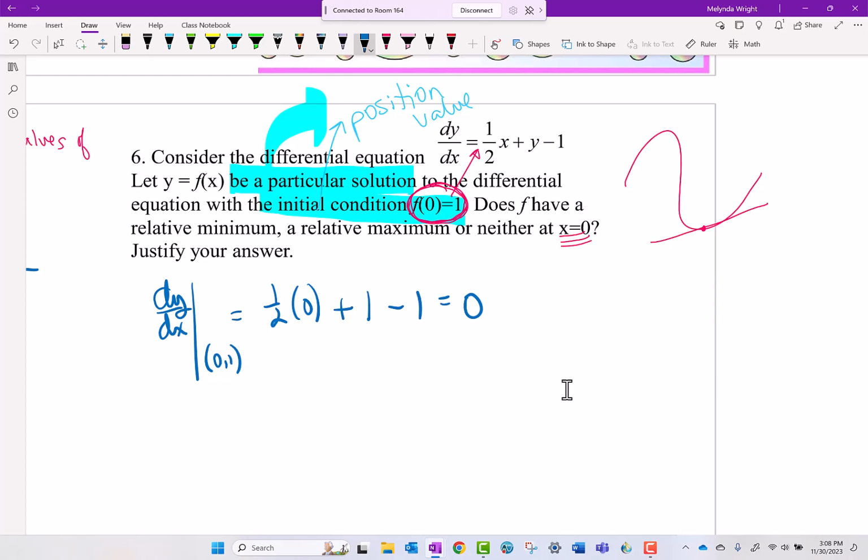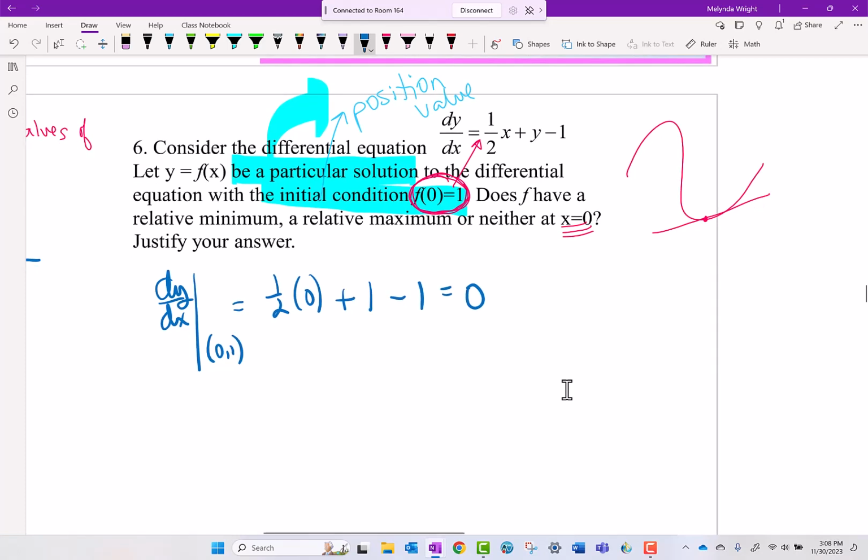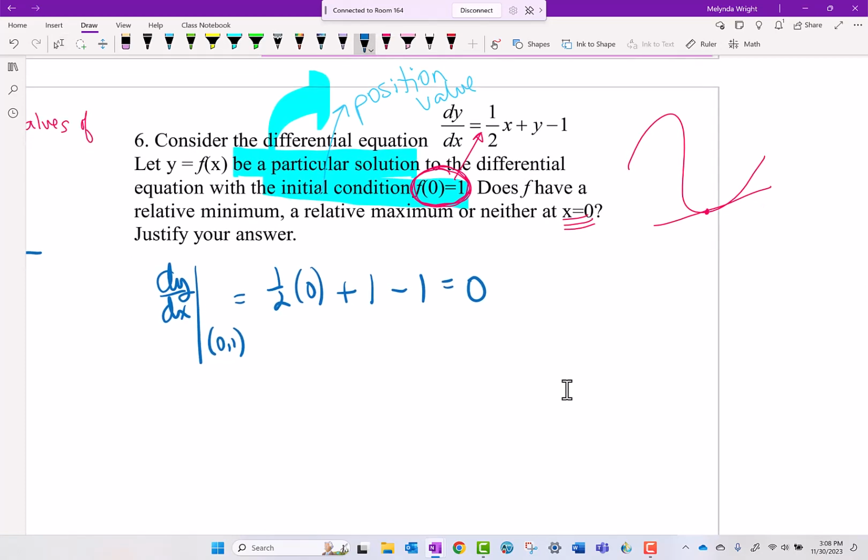So I need the second derivative. We have to take the second derivative implicitly. I know that's exciting. This is a mixture of x's and y's. They're being crazy with us here. But it's okay, we got this. So we're going to take the derivative of the derivative. The second derivative, d2y over dx2, is the derivative with respect to x.